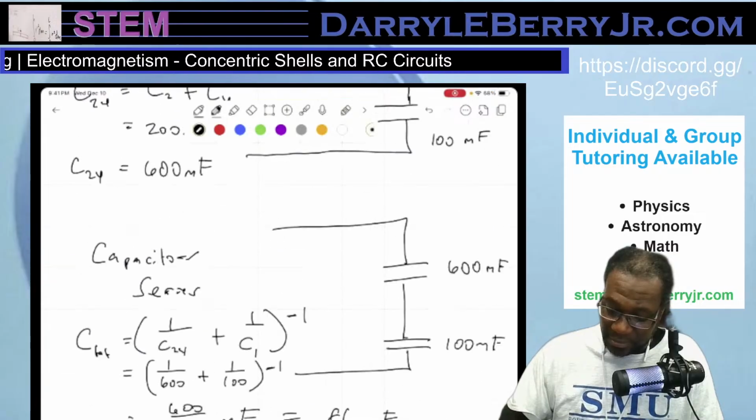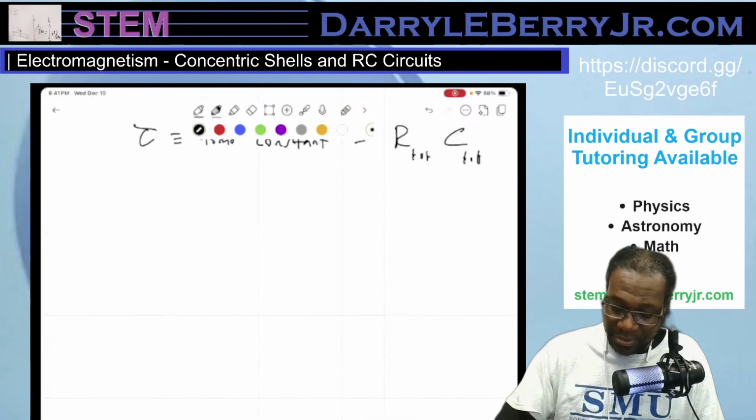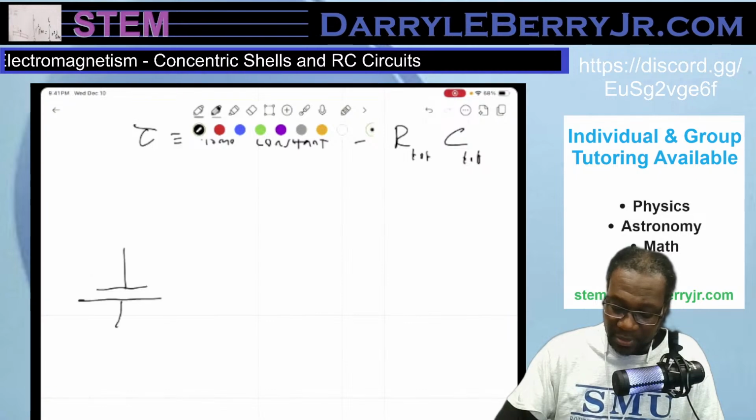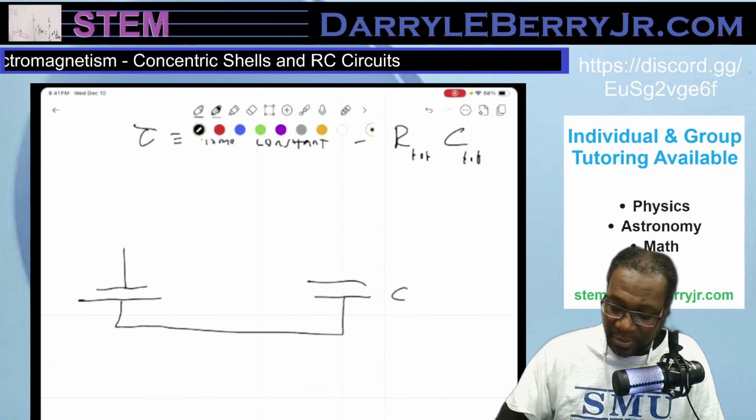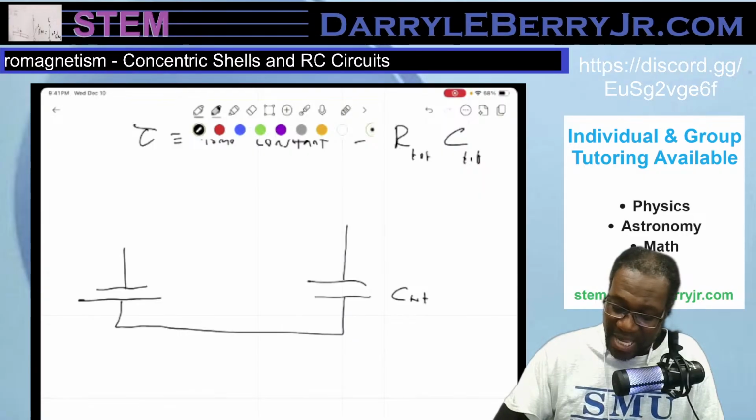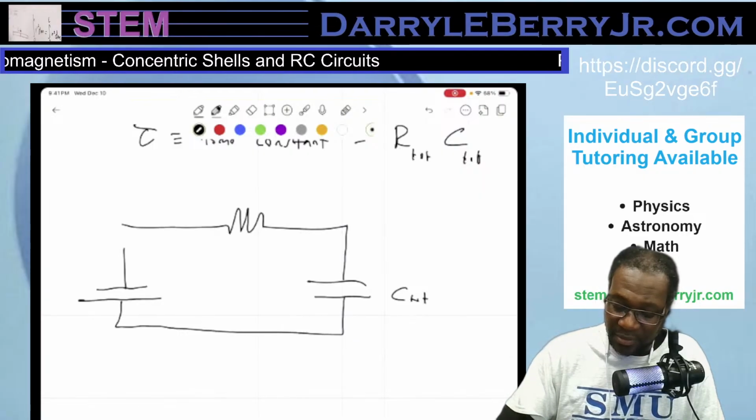So when I'm looking at this circuit, you imagine I've consolidated everything. I have my battery here, I have my equivalent capacitor here, and I have my equivalent resistor here.